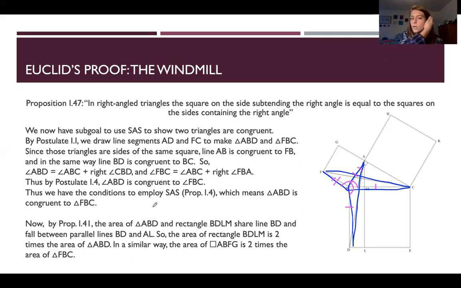Okay. So by proposition 41 now, the area of triangle ABD and rectangle BDLM share the line BD. That's this one right here, BD. This small rectangle, here, let's just erase the pen.